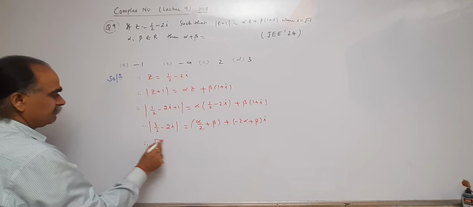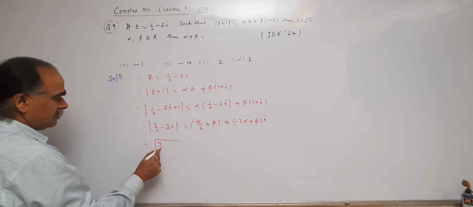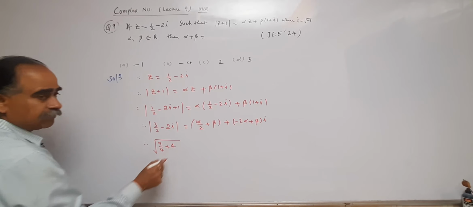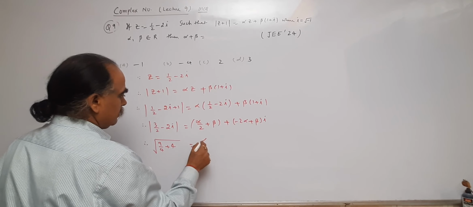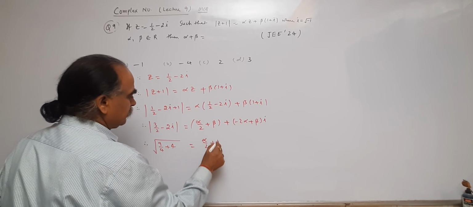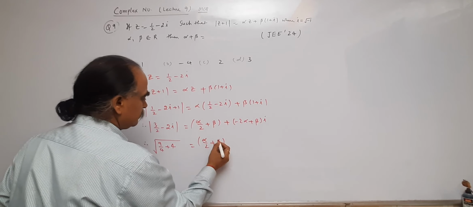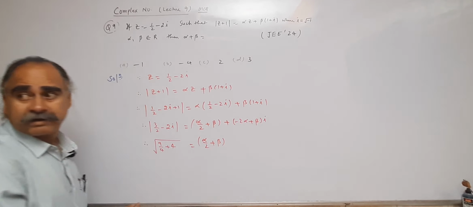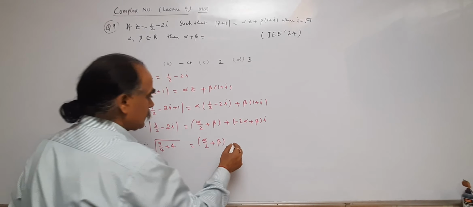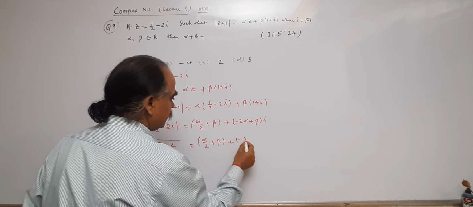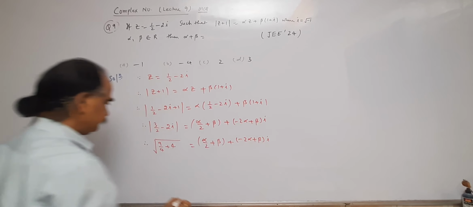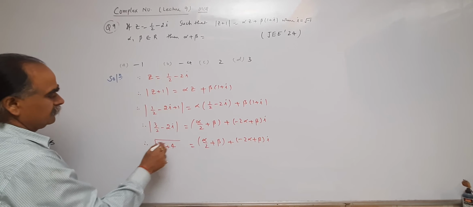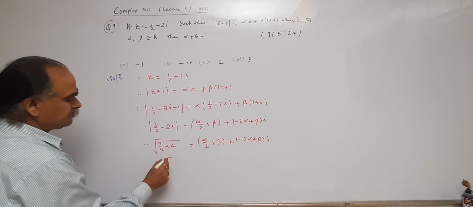Root of 9 by 4 plus 4 is root of alpha by 2 plus beta plus minus 2 alpha plus beta i. So this will become 5 by 2.